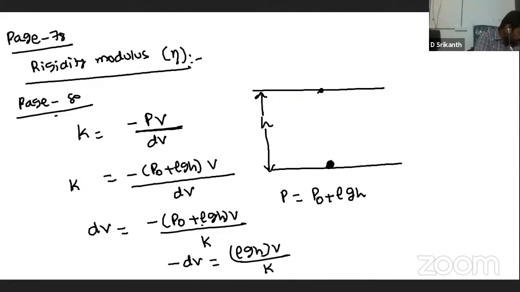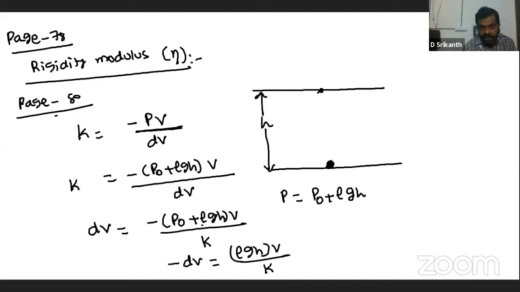Then we have isothermal bulk modulus and adiabatic bulk modulus, which we have studied in thermodynamics already.